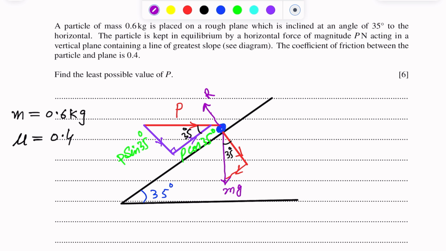Now, here we will write the components of the weight. This component is mg cos 35 degree, and this component is mg sin 35.